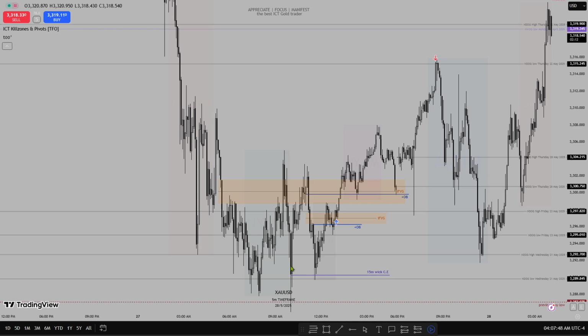It's okay for it to make this rejection block and then just go higher or consolidate, and then the following day London comes and trades it. It doesn't matter if we're in a session or not.